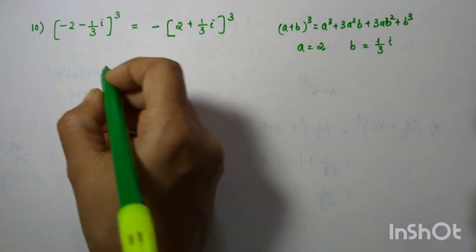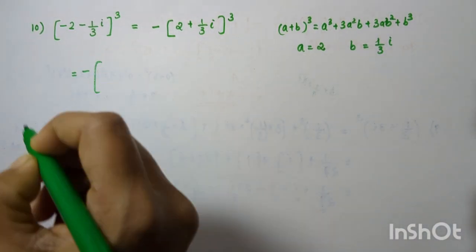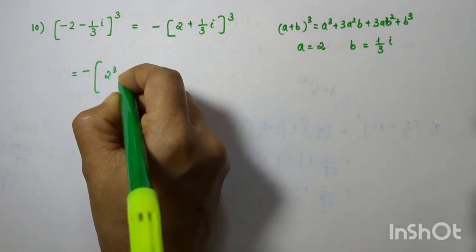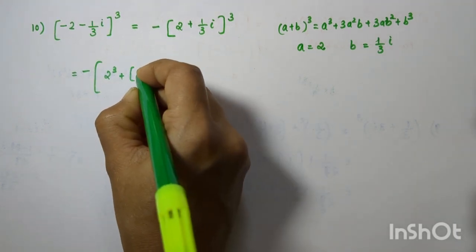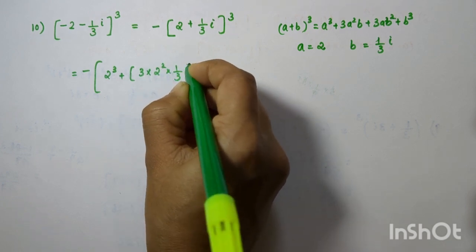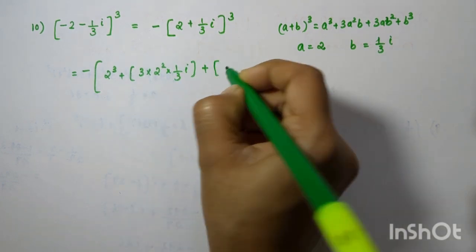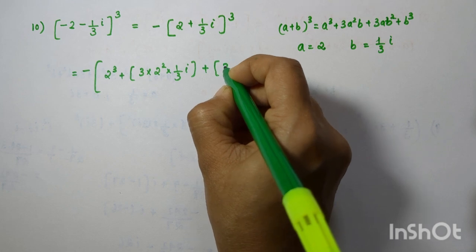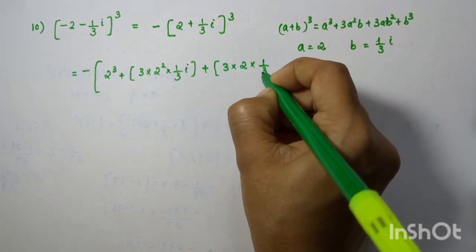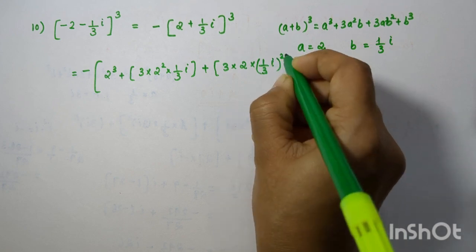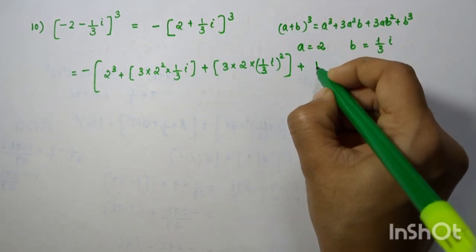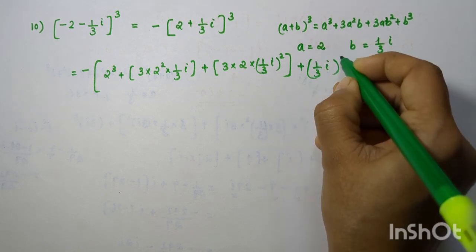So this becomes minus of a cube, that is 2 cube, plus 3a square b, so 3 into 2 square into b, which is 1 by 3i, plus 3ab square, so 3 into 2 into b square, that is 1 by 3i all square, plus b cube, b is 1 by 3i, so 1 by 3i whole cube.